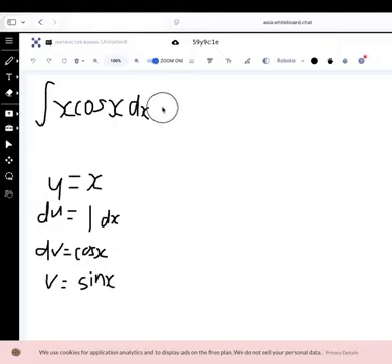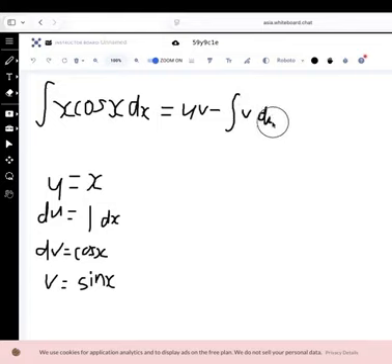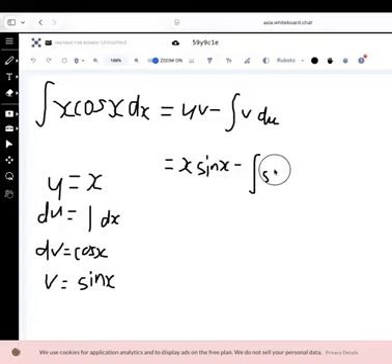And now let's use the formula. So we have uv minus the integral of v du. u is x, v is sine x, minus the integral of sine x dx, and the integral of sine x is just negative cosine x.